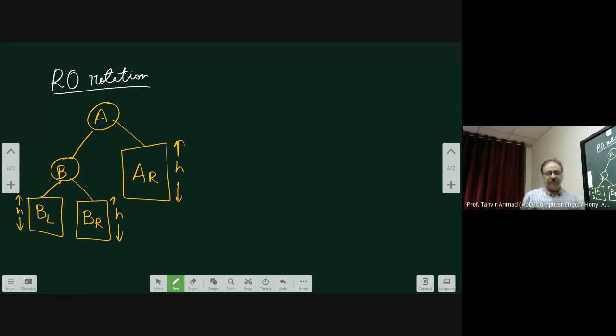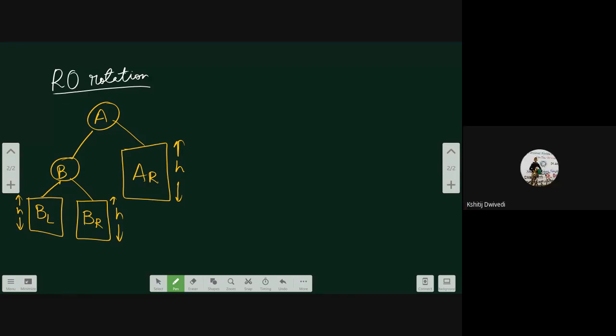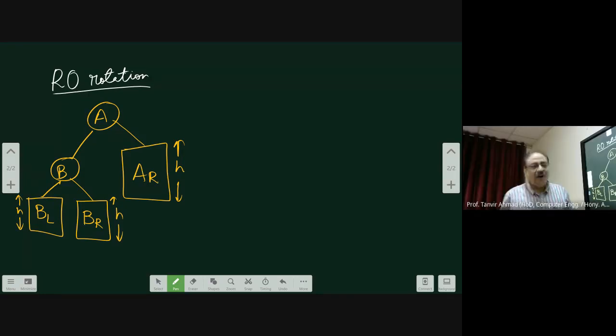That means now the question comes, if I delete from AR, which node will become unbalanced? Of course, it will only be A, because that is the only node which will be affected. It will not affect the other nodes, because those nodes are not connected.